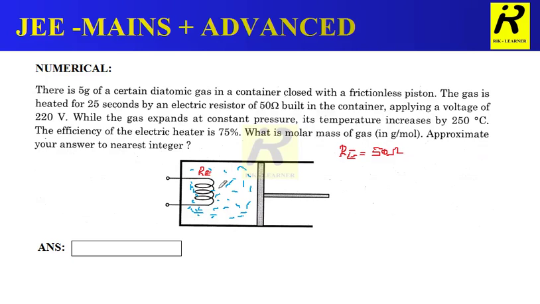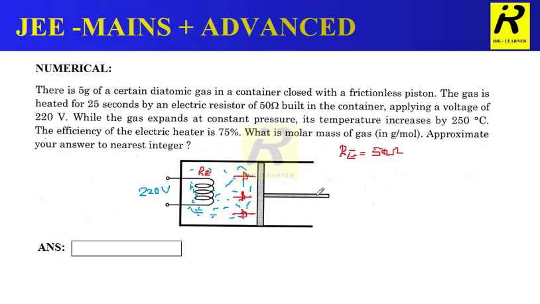When this coil is heated by applying 220 volt, the heat produced by the coil is transported into the gas, and suddenly the gas starts to expand at constant pressure.